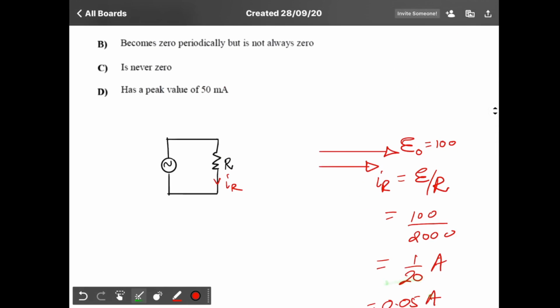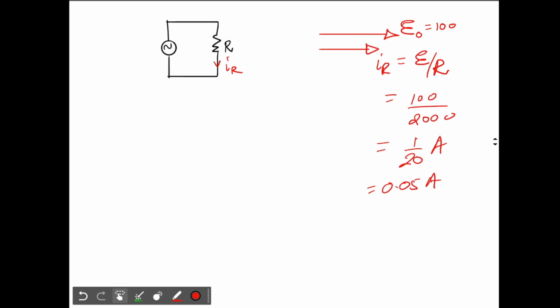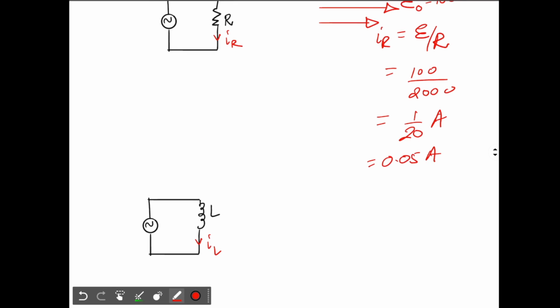Now I take the second branch, the power generator connected to the inductor. I take this loop. For that loop, I'll just copy this one and replace the resistor with the inductor L. And I need to calculate the current IL now.